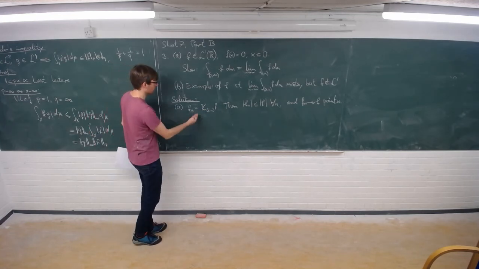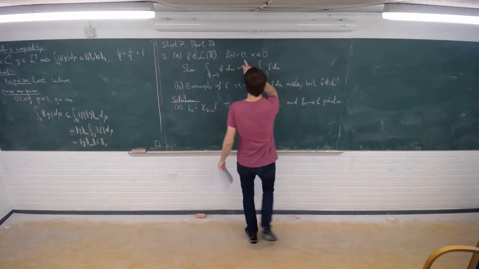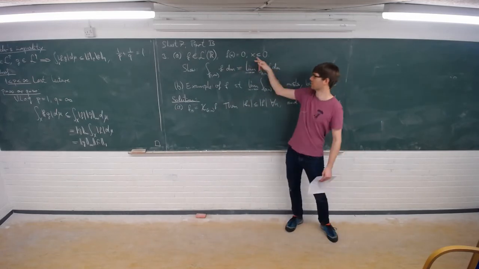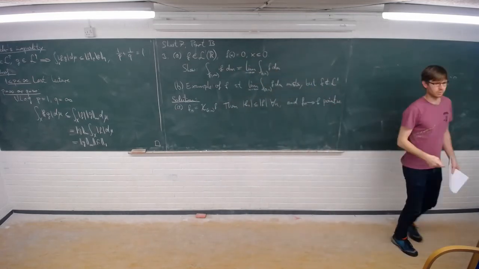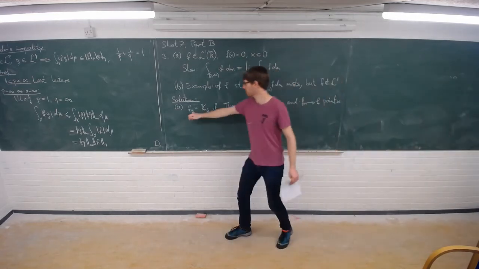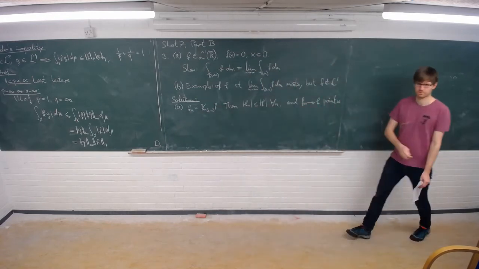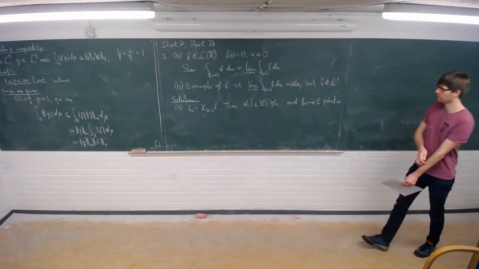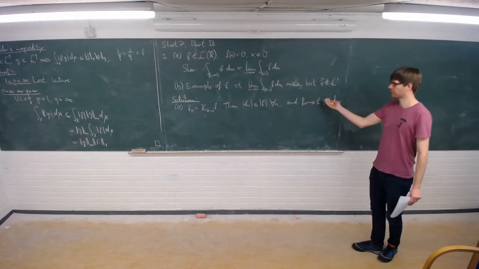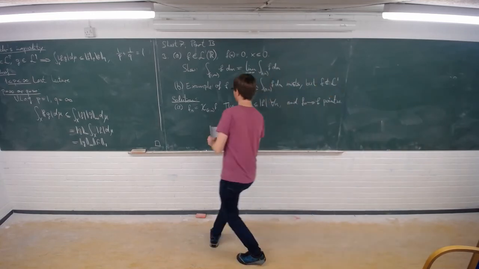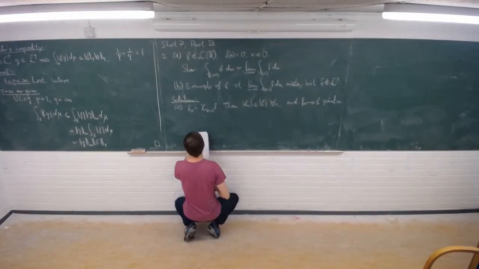And below 0, F_n is always 0, but f is also 0 for x less than 0. So this sequence F_n converges to f pointwise. Okay, and now we check the two conditions. So we can apply the dominated convergence theorem.